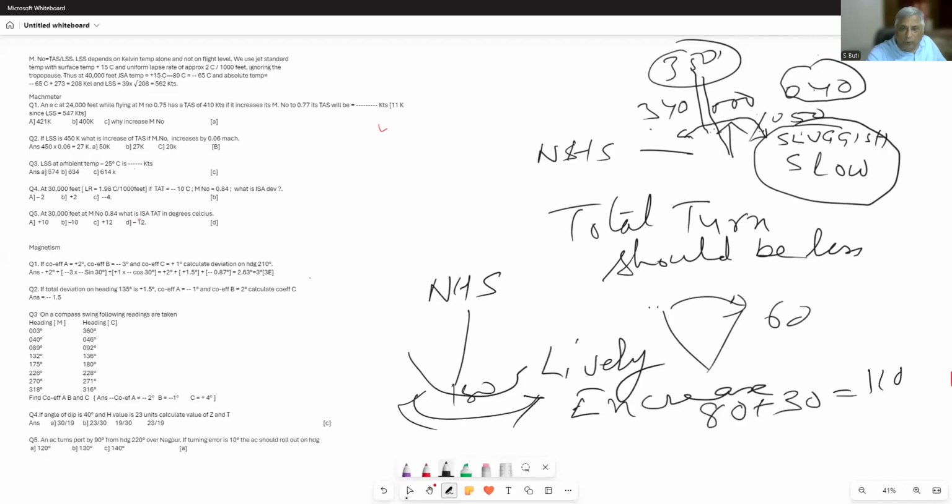Now find out, should I turn more or less? Northern hemisphere, turning through north, compass will be sluggish. And turning through heading south, compass will be lively. Southern hemisphere, turning through south, compass will be sluggish.